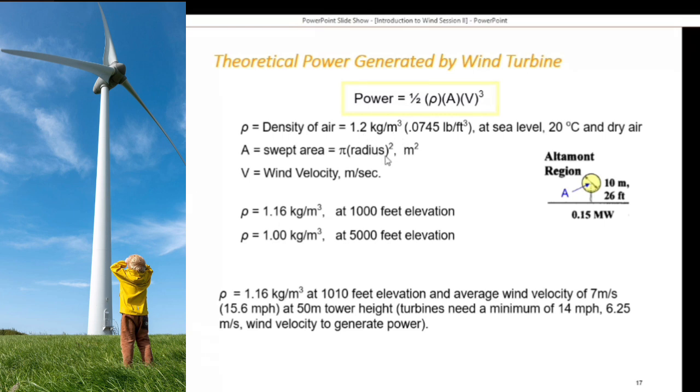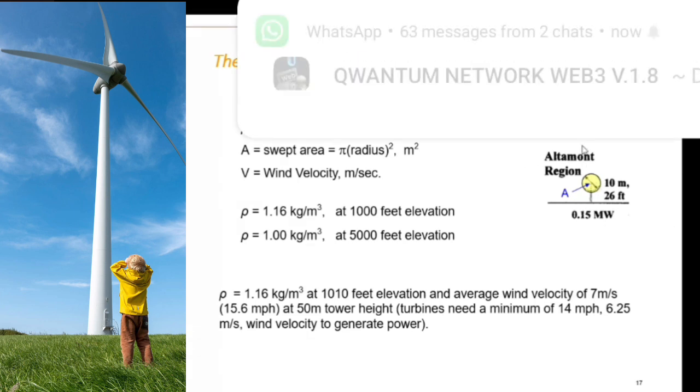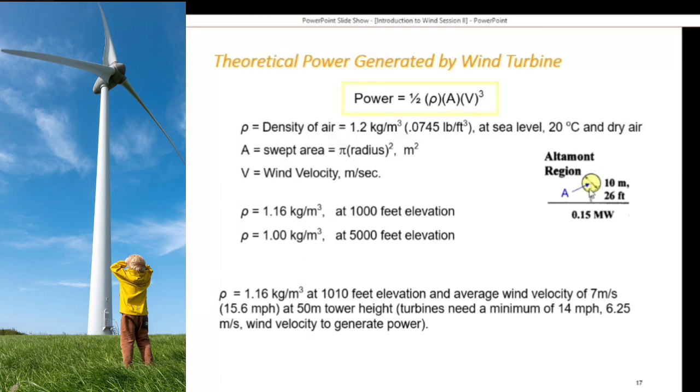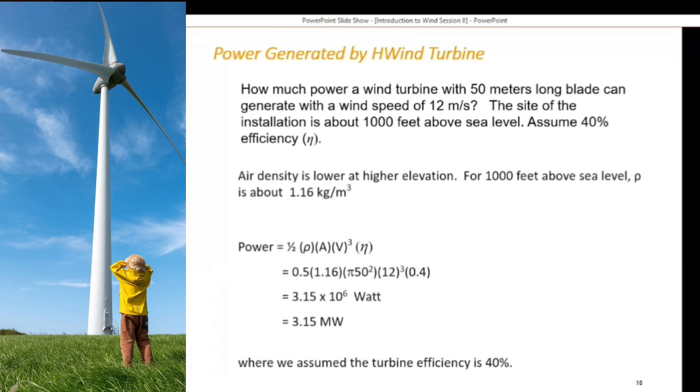And this is an example of a region where there is rotation of the blade, with the hub, with a tower of 10 meters, meaning the system is 10 meters above the ground, and by calculating you get the output power. So those are just simple examples of calculation. And as I told you, this is just an example.